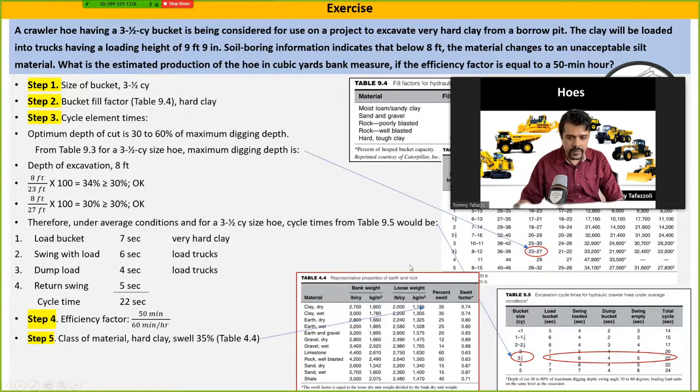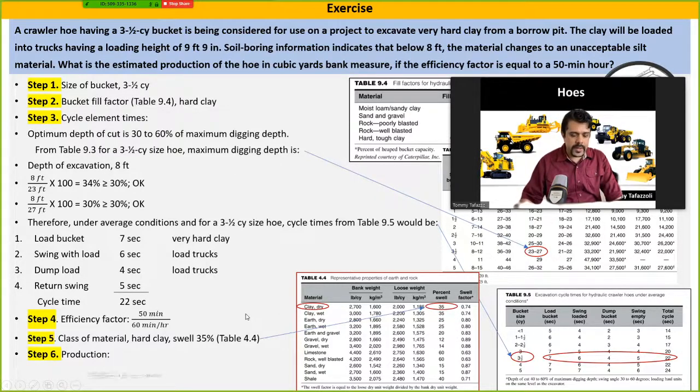The swell factor for hard clay, we can see it is 35%. The material says very hard clay, so we can consider it as dry clay, which is harder than wet clay.